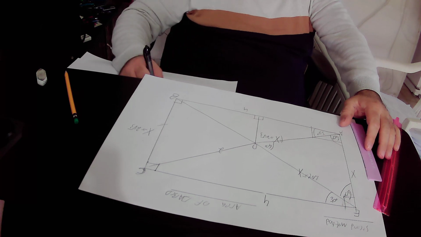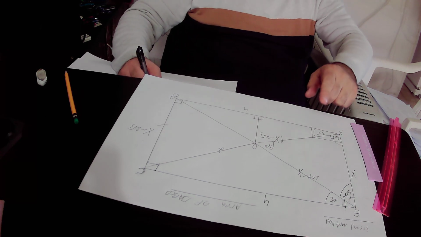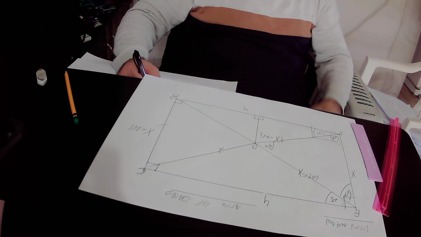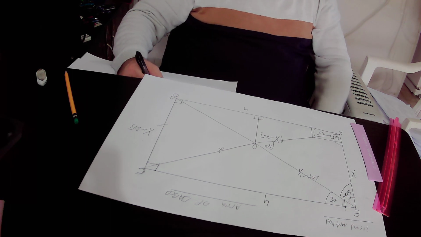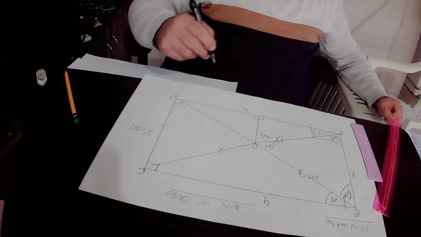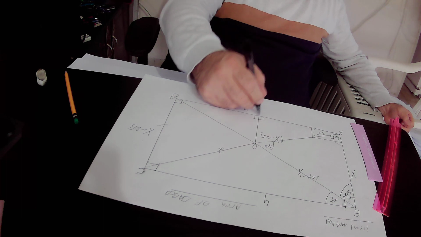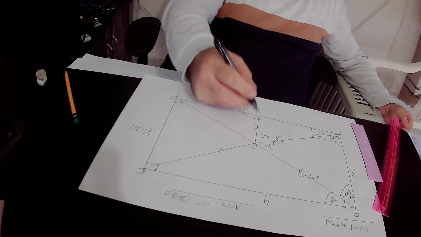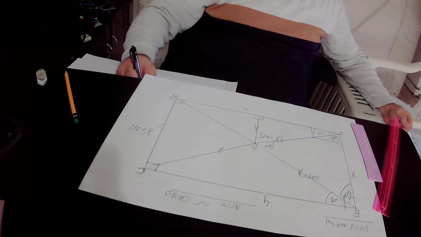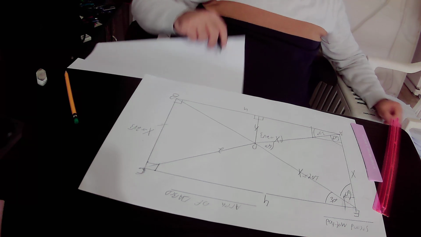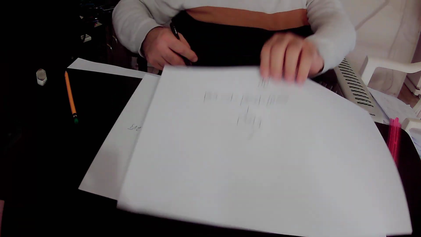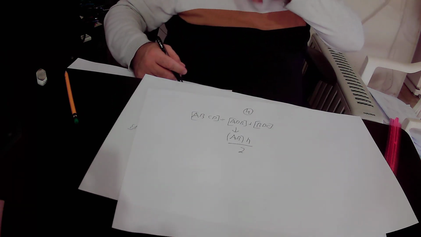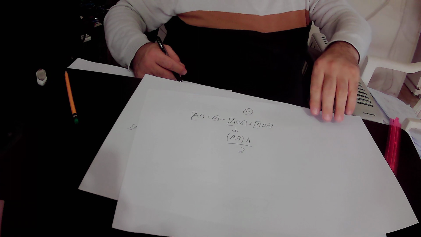So the area of triangle ADB will be equal to the base, that is actually AB, times the height to the base, which we define as h, over 2. So the area of triangle ADB equals AB times h over 2.